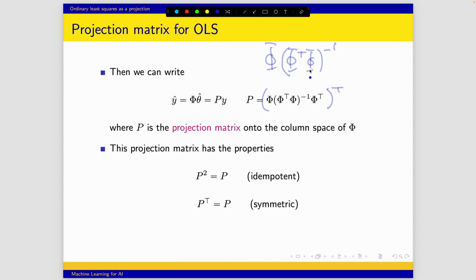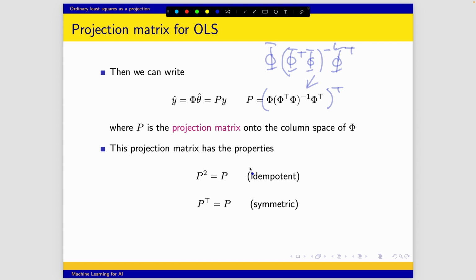Now, this is a symmetric matrix, so its inverse is also symmetric. So the transpose of this inverse is just the inverse. And then we're going to get the transpose of this, phi transpose, which is exactly P. Right? And you can show the idempotence as well. Just multiply this by itself and you'll see that it turns out to be equal to P. It's a good exercise for you, actually, a bit of matrix manipulation.